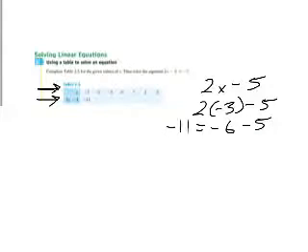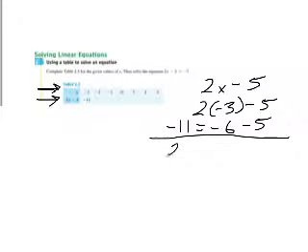So we'll put in 2x minus 5. If you put in -3, 2 times -3 minus 5, you get -6 minus 5, which is -11, which we have.